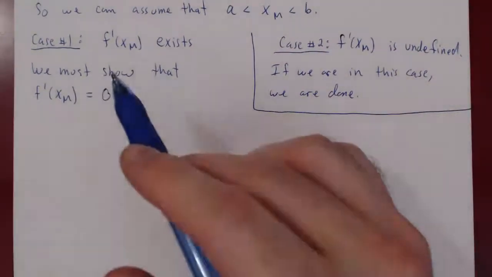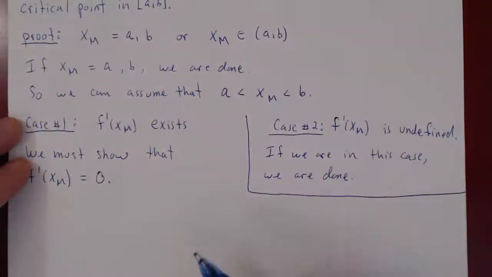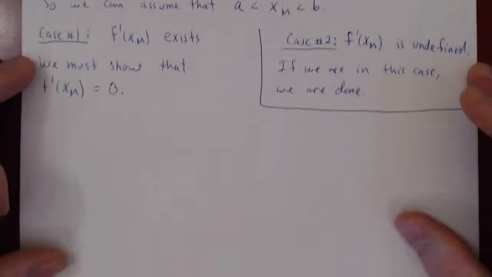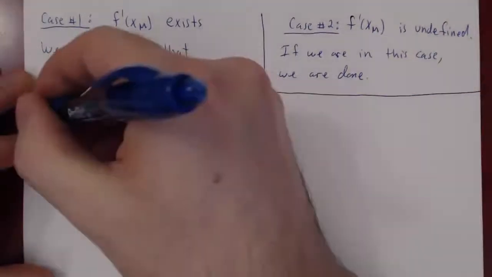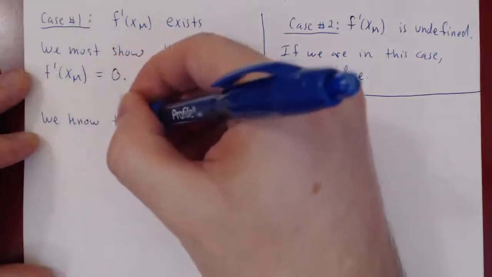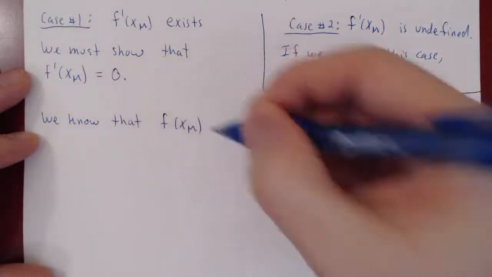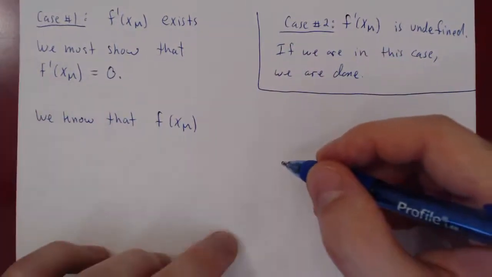First, by assumption, if you remember, xm is our absolute maximum, our global maximum. So we know that at this point, xm, the function attains its maximum value.